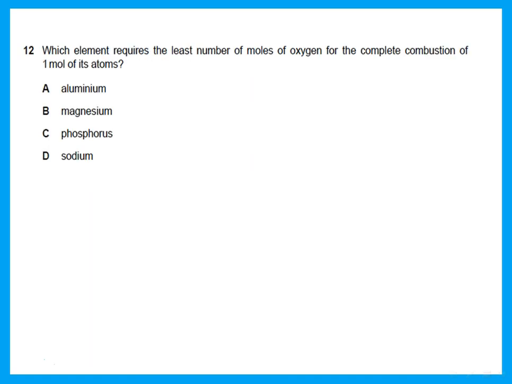Which element requires the least number of moles of oxygen for complete combustion of 1 mole of its atoms? Well, we want complete combustion of each one, and we want to know if I have 1 mole of each of these, it will need how many moles of oxygen. So let's go through this. Aluminium plus oxygen will give aluminium oxide. From the balanced equation, I can see that 4 moles react with 3 moles of oxygen.